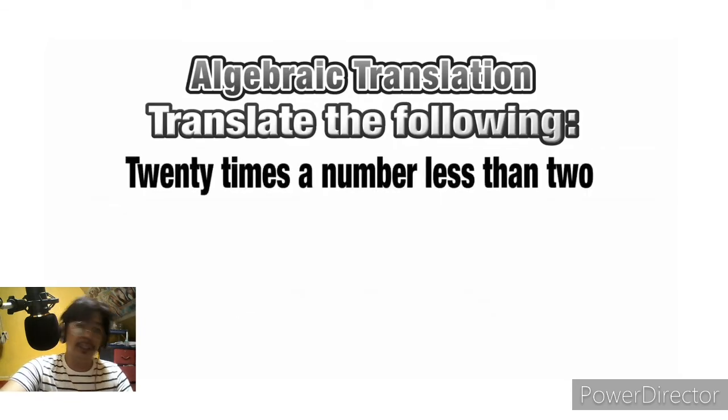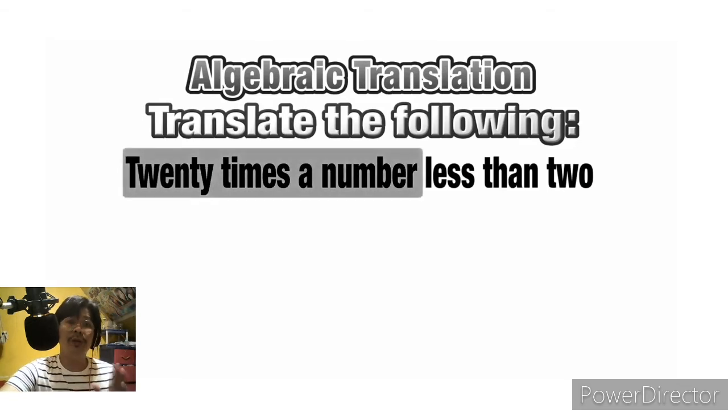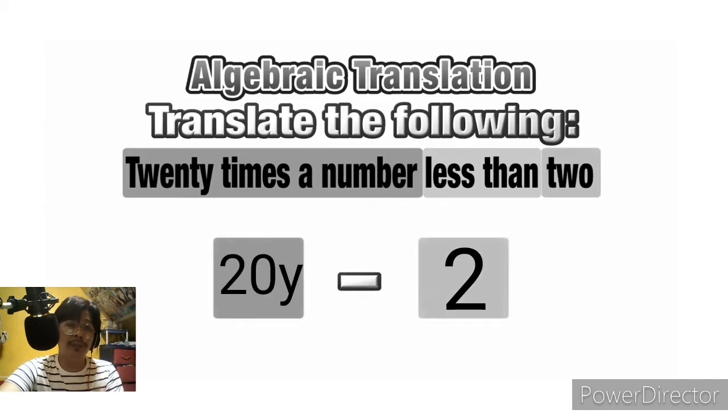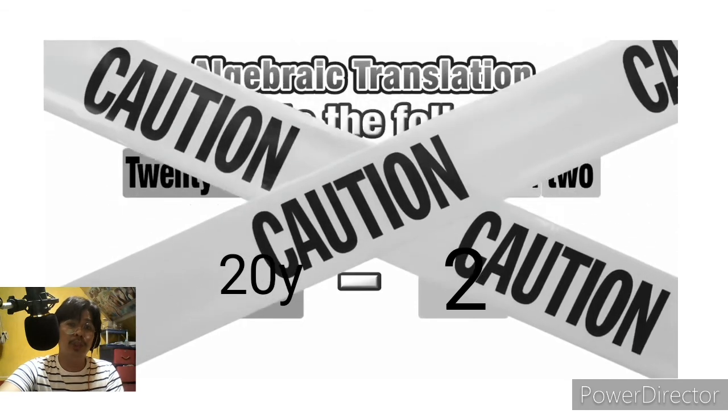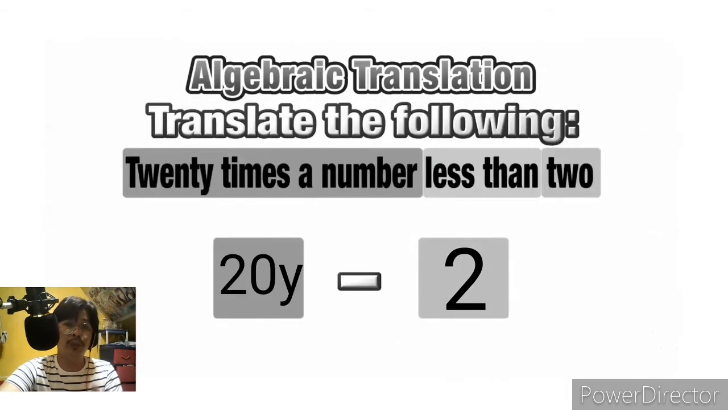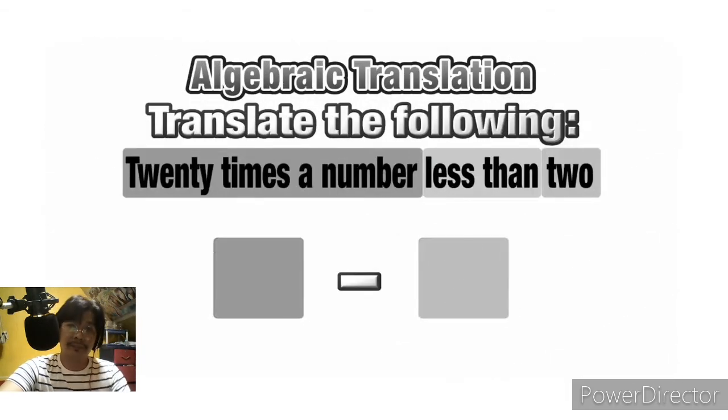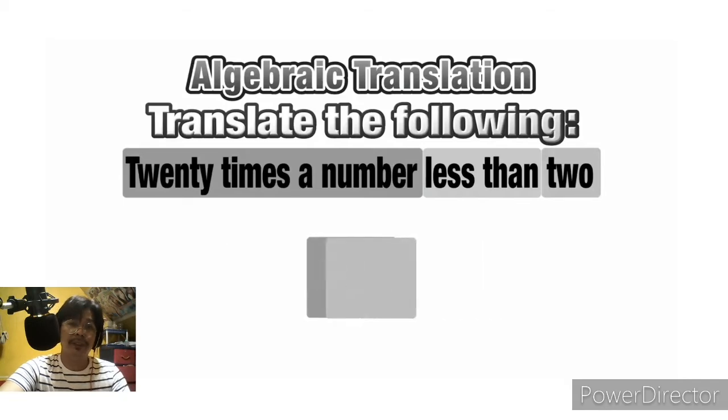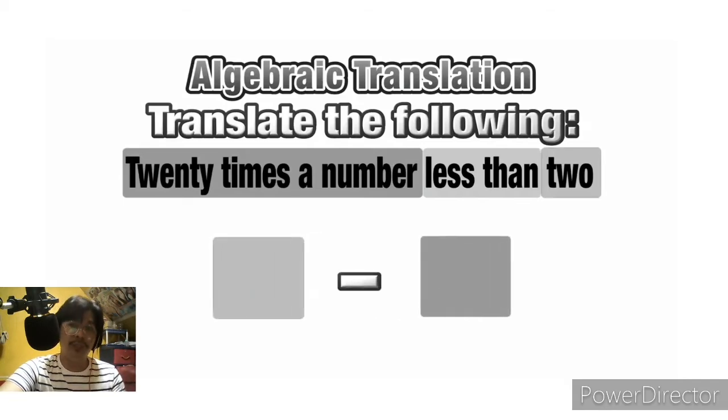So how about this? 20 times a number less than 2. There is also an independent grouping in this, which is 20 times a number.